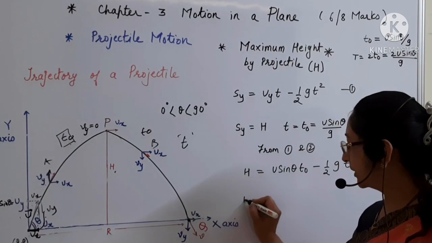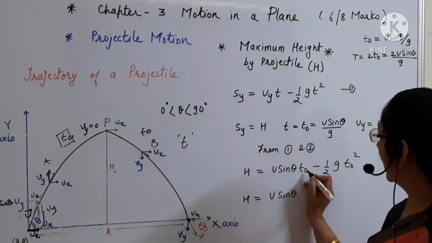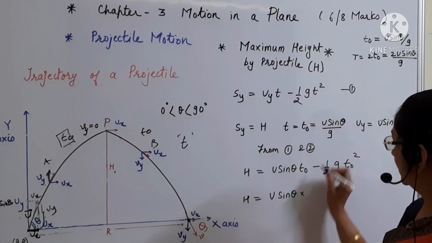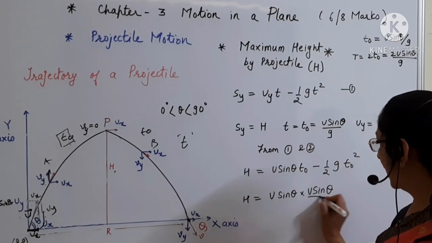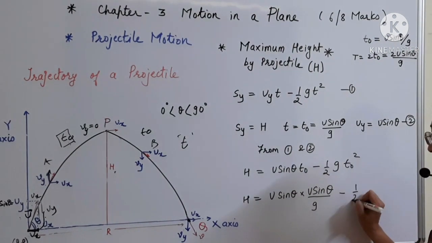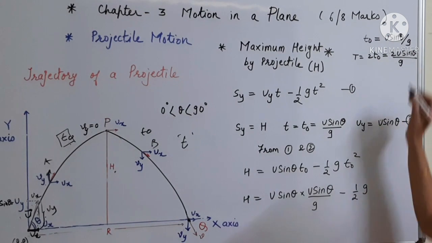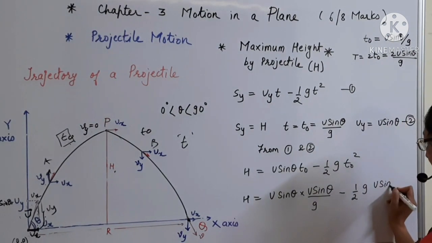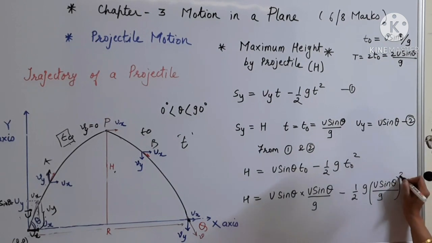So I substitute: h is equal to u sin theta into u sin theta upon g, minus half g into, t0 is u sin theta upon g, whole square.